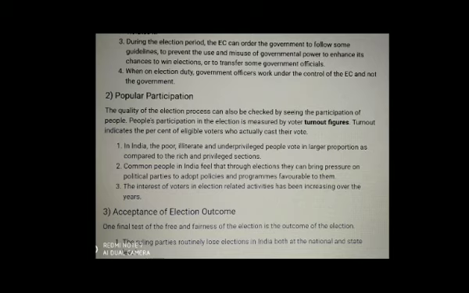First one, in India, the poor, the illiterate, and underprivileged people vote in large proportion as compared to the rich and privileged. Second one, common people in India feel that through elections they can bring pressure on political parties to adopt policies and programs favorable to them. Third one, the interest of voters in election related activities has been increasing over the years.